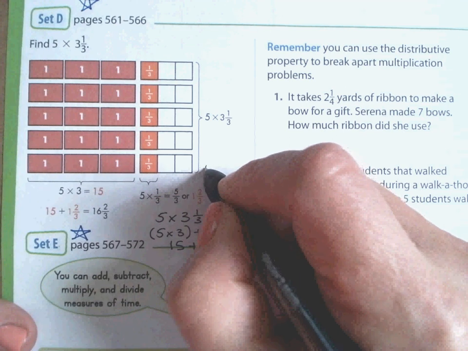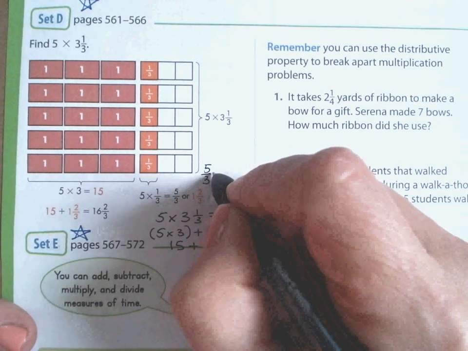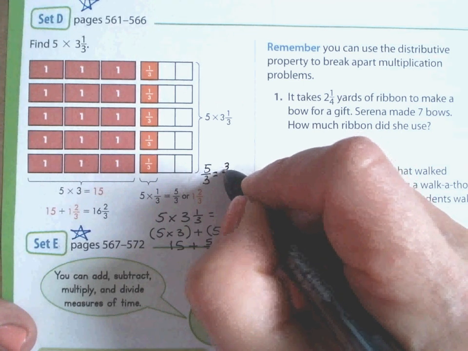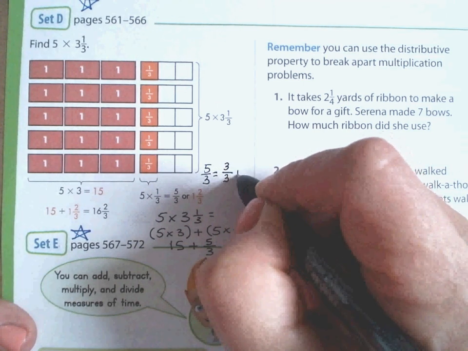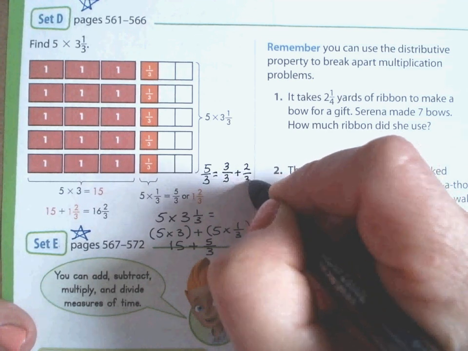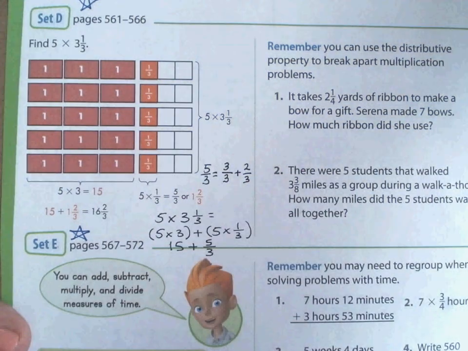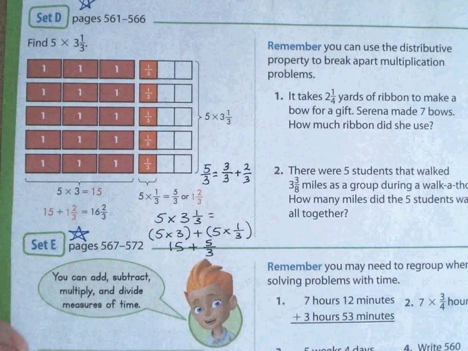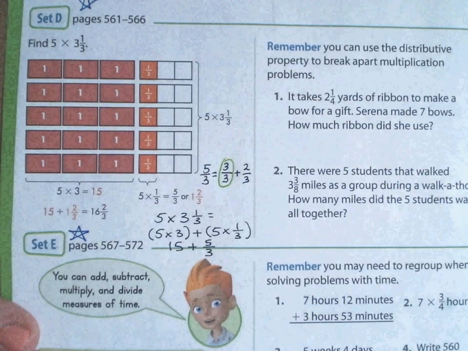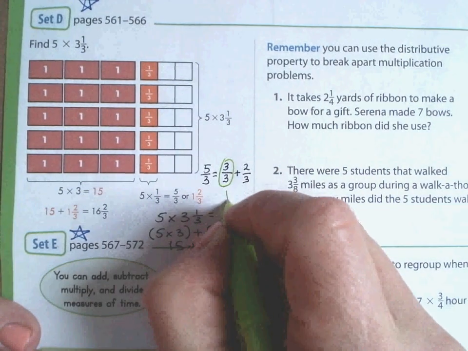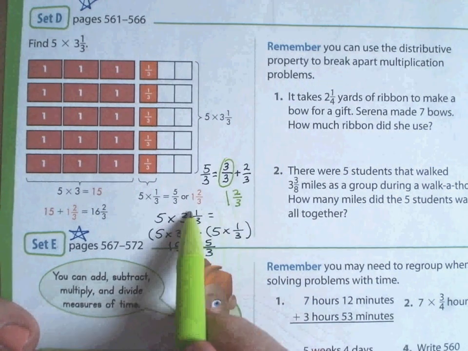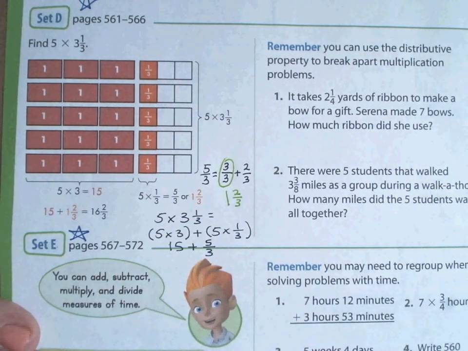So just to prove that, 5/3, I'm going to see how many 1 wholes I can make. So 3/3 would be 1 whole, and then 3 plus 2 is 5, so that would be 2/3 left over. So if I circle my 1 whole, this would be 1 whole, and then I smush the fraction right next to it. So that's how they got the 1 2/3.